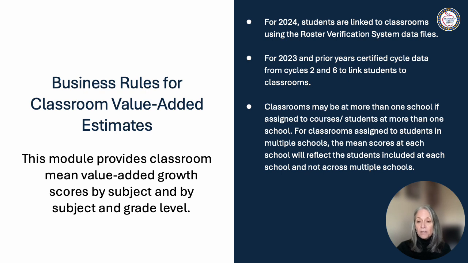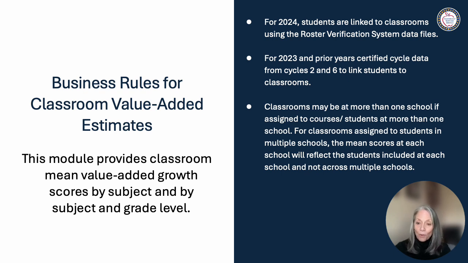So the data files that were taken out of the roster verification system were used to link student growth scores to these classrooms. If in the roster verification system you indicated a student was not to be included for value-added modeling, then that student's score will not be linked to your classroom. But don't worry, those student scores are likely still available in the school value-added growth module. So that's an important thing to know.